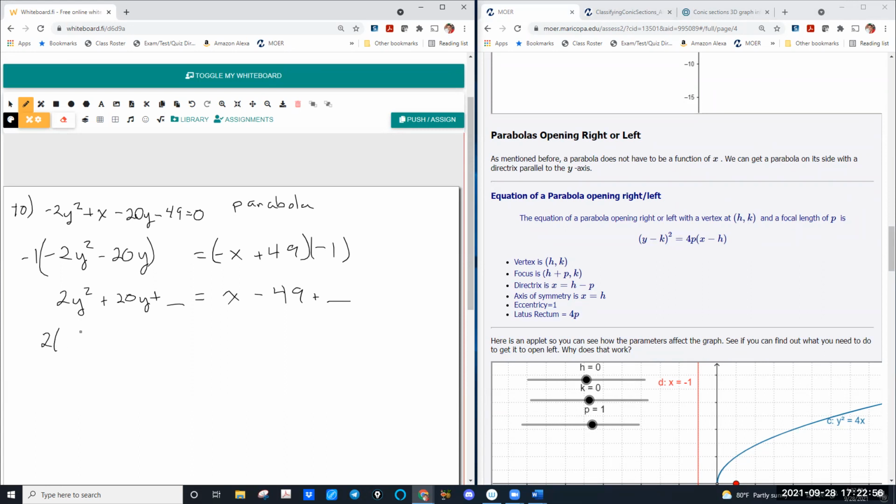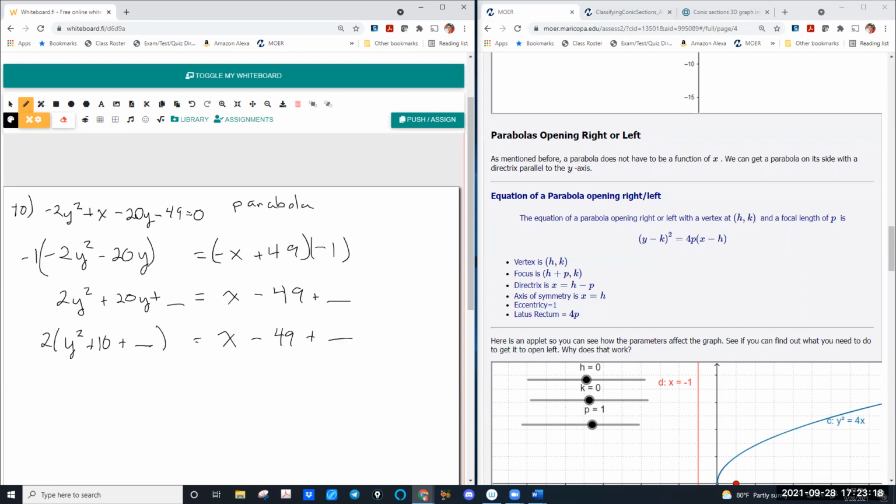So I divide by the 2, and I get 2 times y squared plus 10y, plus something there. Over here, x minus 49 plus that something.